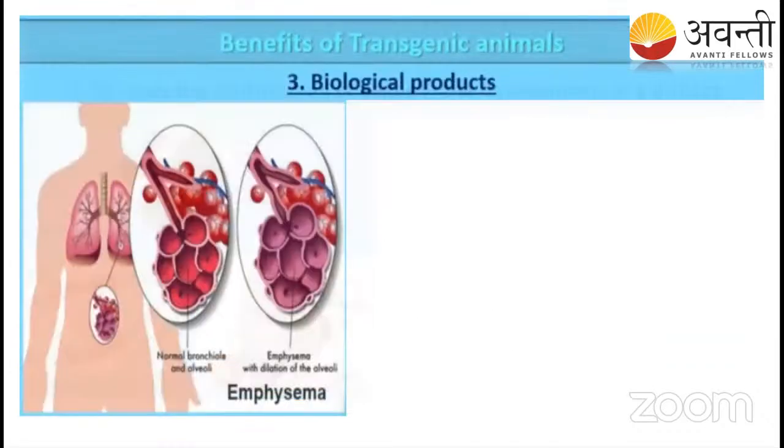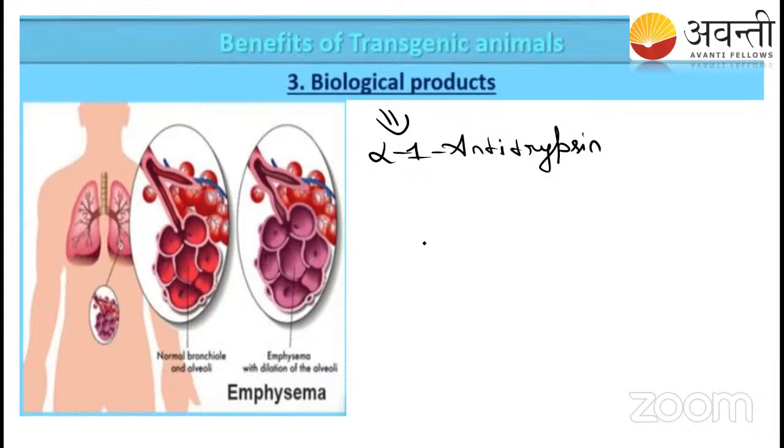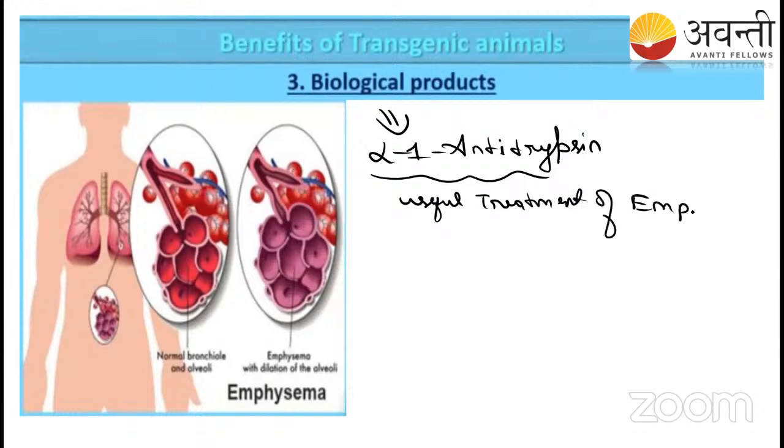Then we come to the bioproduct. From the transgenic animal, we have produced alpha-1 antitrypsin. This is useful in the treatment of emphysema. What do you mean by emphysema, student?